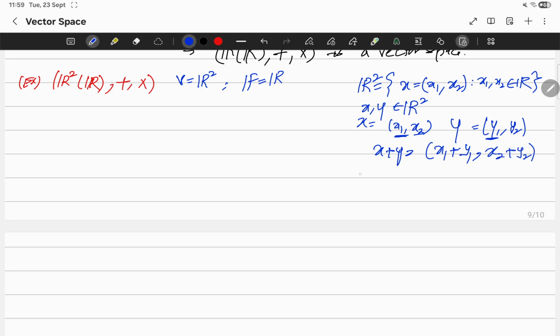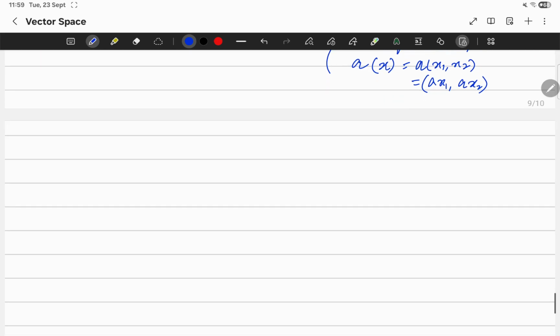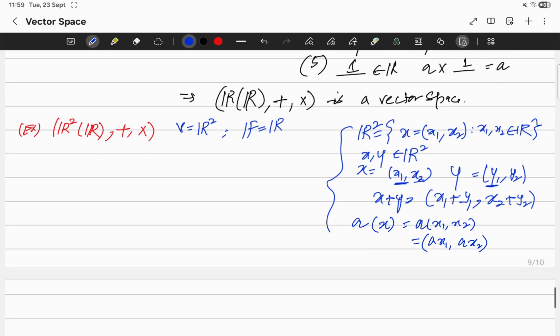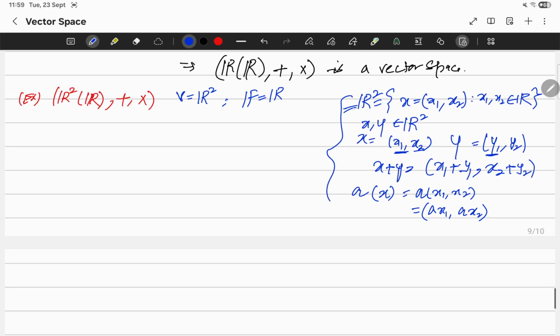Similarly, if you have any real number a, you multiply it with x, it means a times x1, x2, so a of x1, a of x2. So here you are using scalar multiplication in this way. These are the defined operations. Now we will check all the properties together, how we add the two vectors and how we use the scalar multiplication. Let's go to the vector addition properties.